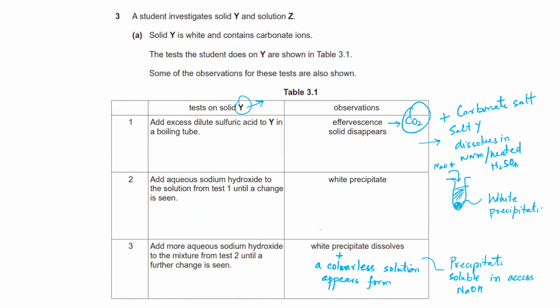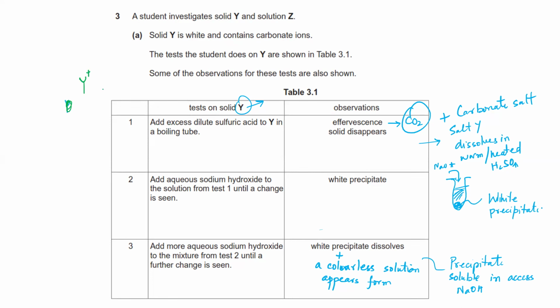So remember, let's think out loud. Solid Y, we know that this is a carbonate salt. When acid is added, carbon dioxide is given off. So it has a Y positive ion plus a carbonate, CO3 2 negative.